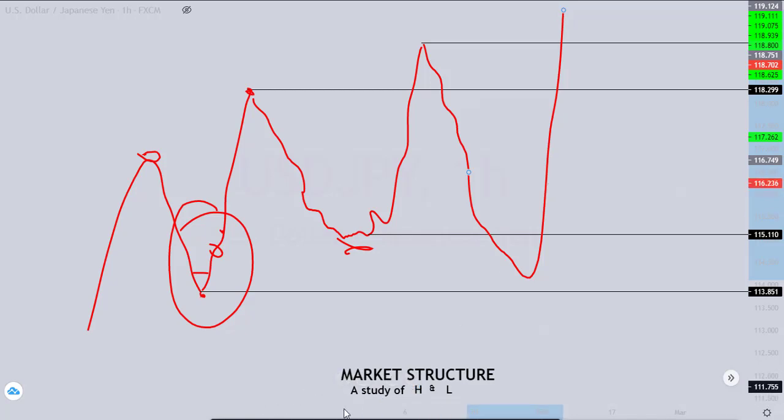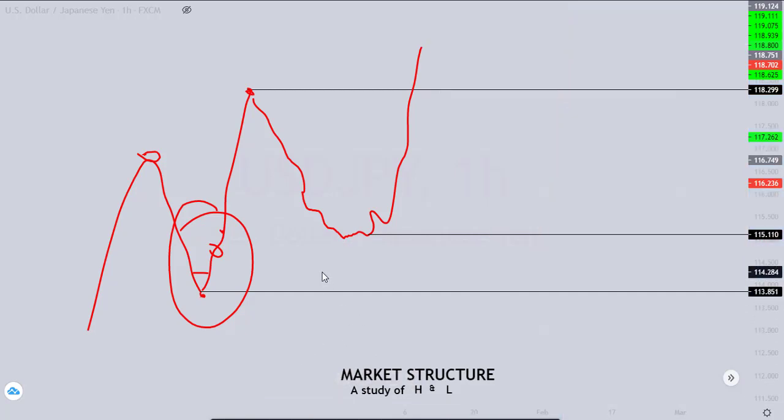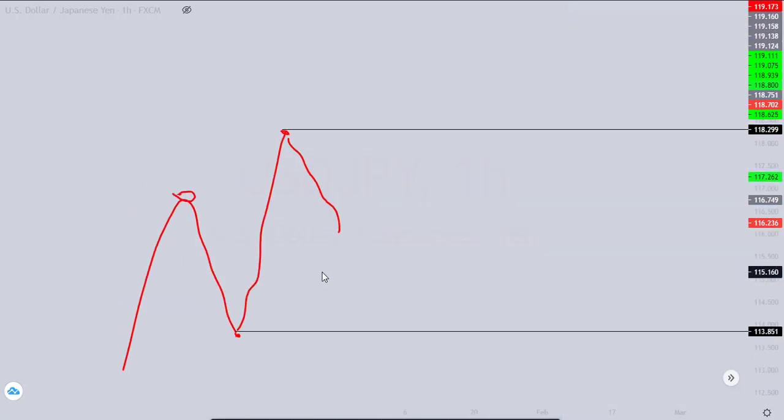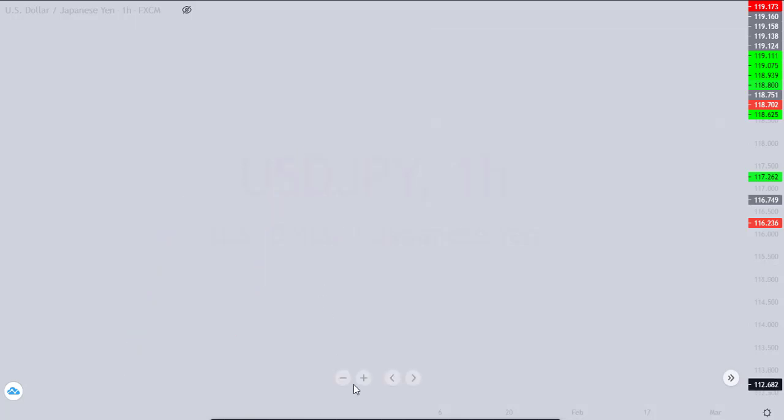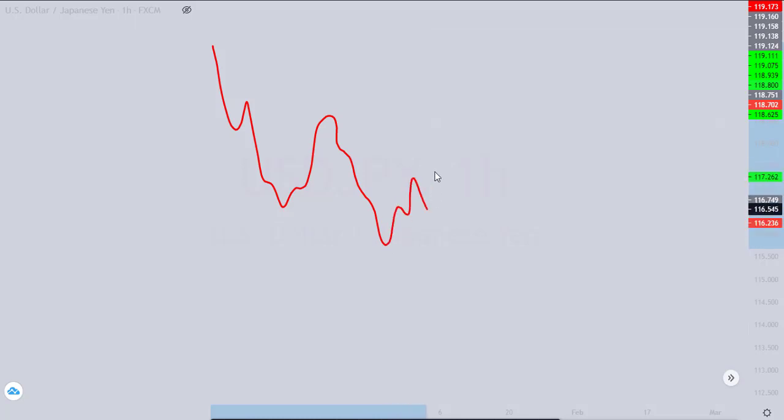Now, for a bearish momentum or for a bearish trend, when the market is going down, let me give you an example. Market is pushing down, market retraces, pushing down, market retracing with a complex pullback.